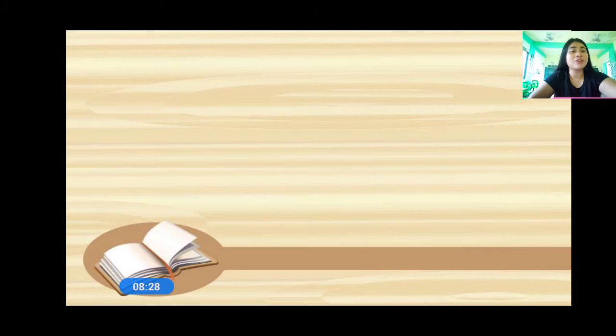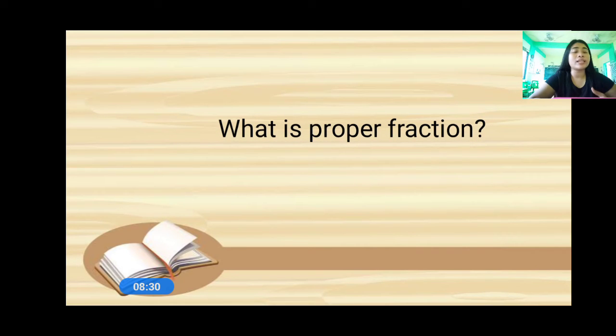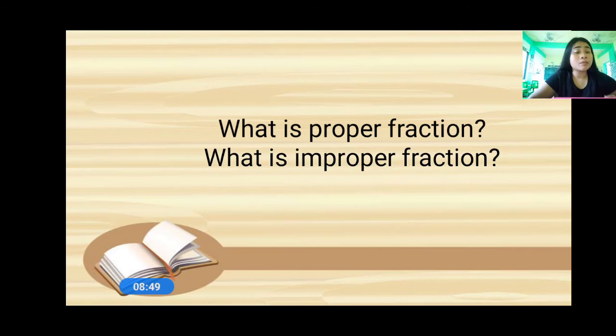Okay, very good. So I have your question. What is proper fraction? Proper fraction is when the numerator is smaller than the denominator. So if the numerator is smaller than the denominator, then that's what we call proper fraction. So what is improper fraction? Improper fraction is when the numerator is bigger than the denominator.